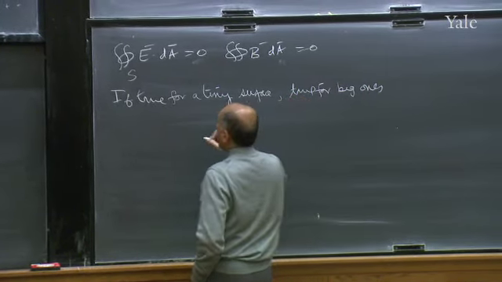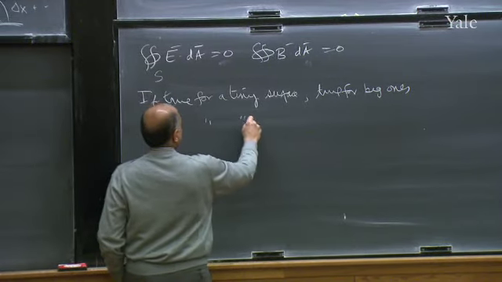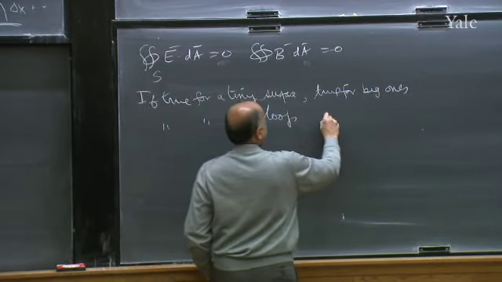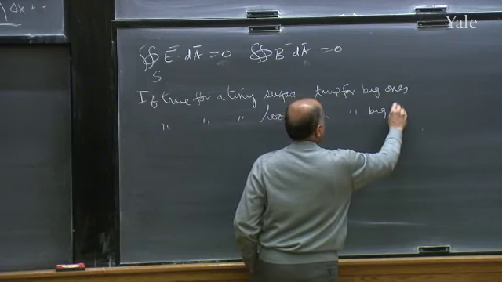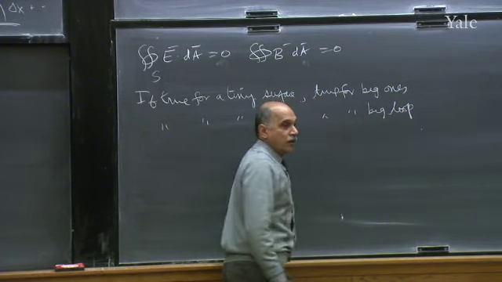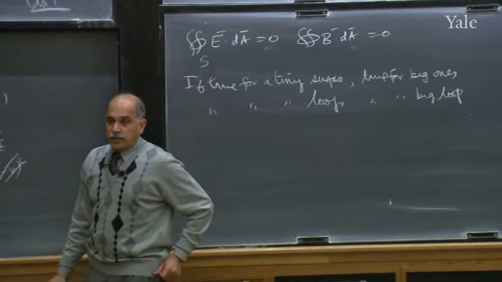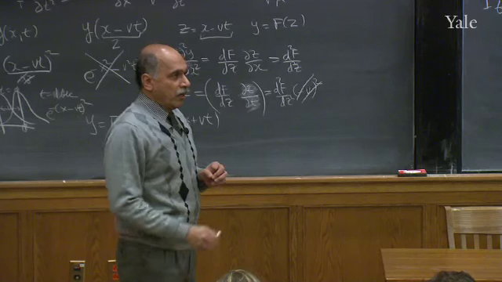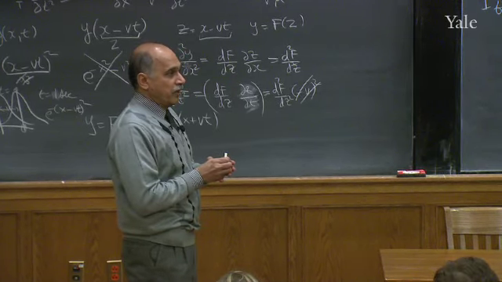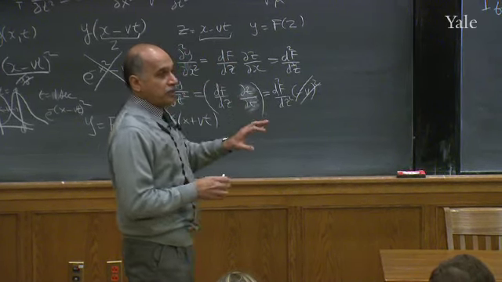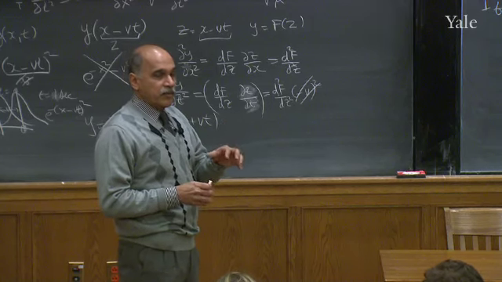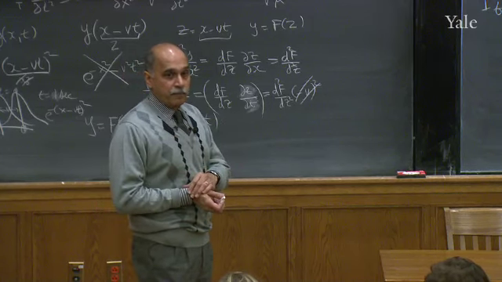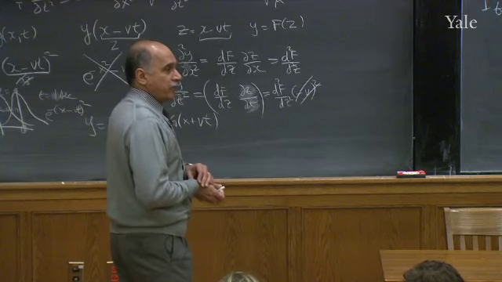And likewise, if true for a tiny loop, it is true for any arbitrary loop. In other words, if I can show that at any arbitrary point, if I pick an infinitesimal loop or an infinitesimal surface, and these guys satisfy those equations on an infinitesimal thing, it's going to satisfy it on a macroscopic thing. That's what we want to understand.